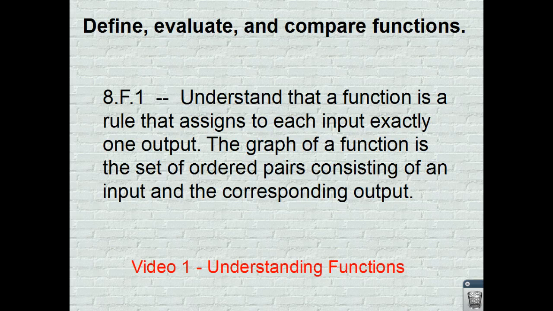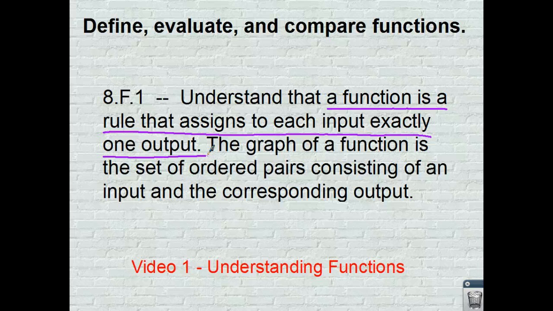Okay, before we move anywhere off the screen, I'd like to underline an important part about a function. It says that a function is a rule that assigns to each input exactly one output. So your inputs are your x values and your outputs are your y values.